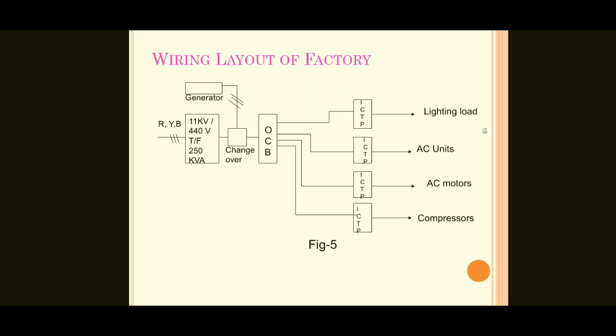Changeover. OCB. ICTP. Here loads are of 4 types, assuming lighting load, AC units, AC motors and compressors. So in each phase place one ICTP.